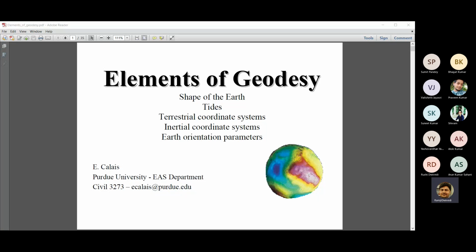GNSS is called Global Navigation Satellite System. So GPS is just one part of the broad GNSS category. Russians have their own, Chinese have their own, Europeans have their own, Indians have their own, but some countries do not have a navigation system which is global in nature.